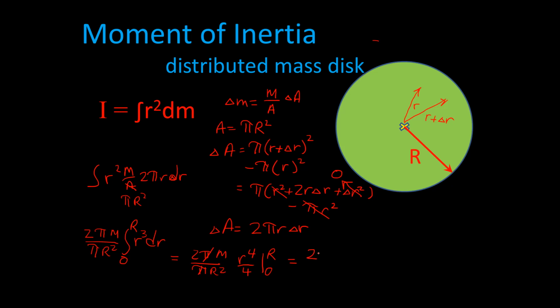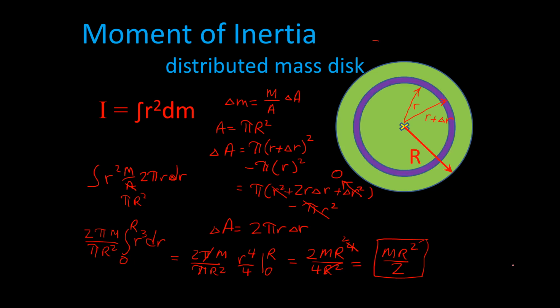What do we get? 2 m r to the 4th over 4 r squared, and so r squared disappears. I get m r squared over 2. So that's our moment of inertia for a disk.